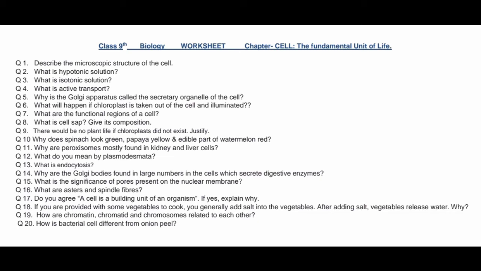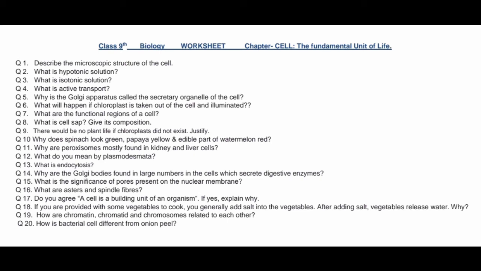Got it? Next question is, what is endocytosis? Endocytosis is the process in which ingestion or engulfment of food and other material is done by folding of the plasma membrane, as it is seen in amoeba.